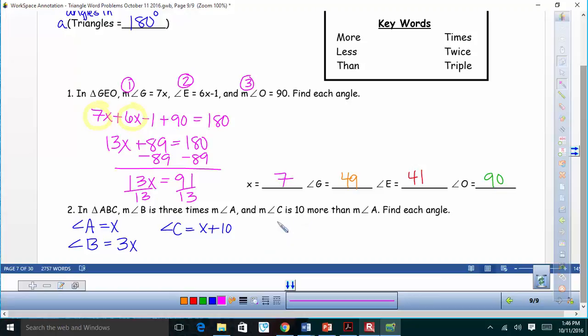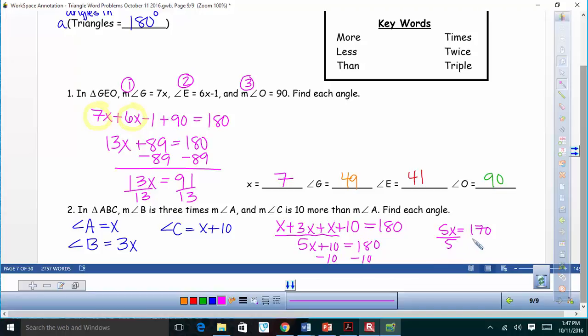And so what do we know about all three angles in a triangle? They add to 180. So we do x plus 3x plus x plus 10 equals 180. So that's going to give me, combine all these x's, that gives me 5x plus 10 equals 180. I would solve for x by subtracting my 10. And so 5x gives me 170.